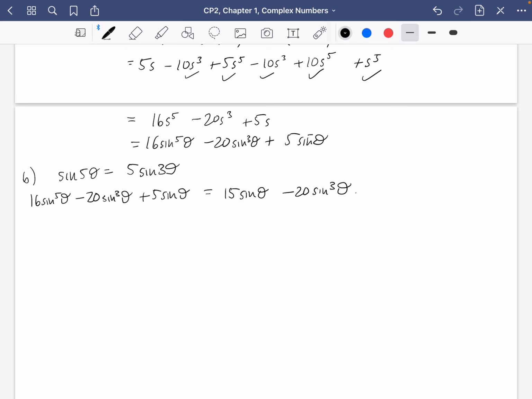So there's something quite lucky that is going to happen here. The minus 20 sine cubed theta is going to cancel from both sides, so that I'm now going to be left with 16 sine to the power of 5 theta, 5 minus 15 is minus 10 sine theta, and that is all equal to 0. I can then divide everything by 2.